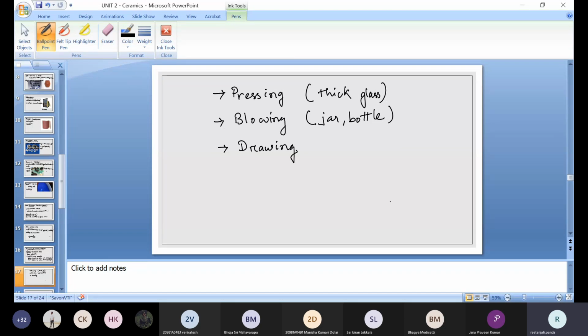Then comes your drawing process. Drawing means what? When we are making wire from any kind of metal, no, then we are giving a tensile force to this one, so that it is going to be changing in its shape from higher diameter to the lower diameter end.